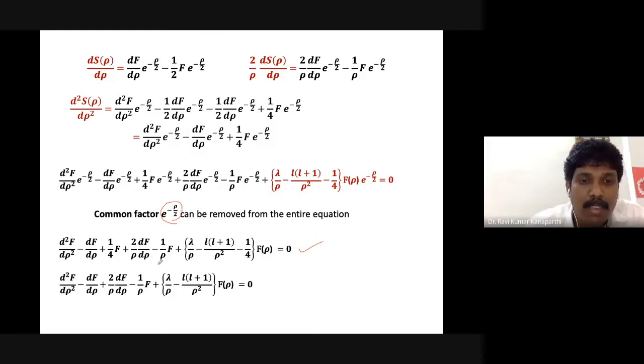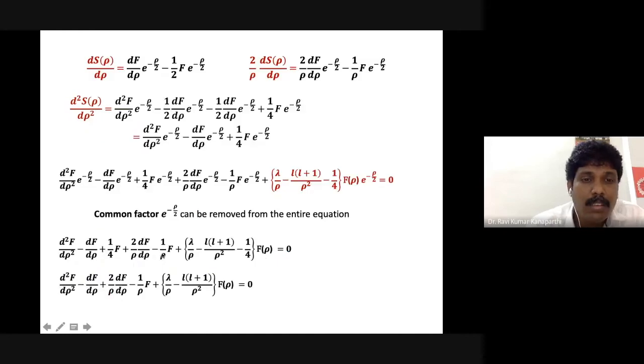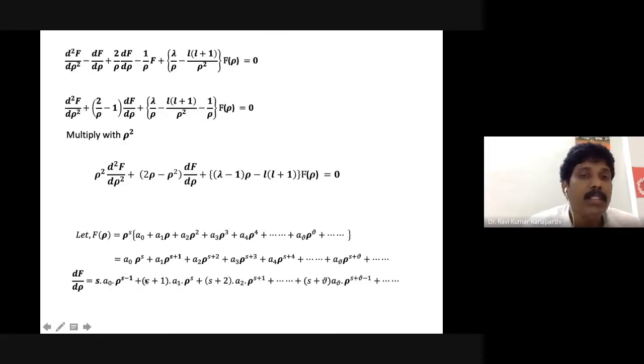For example, you can see 1 by 4 f here, and here minus 1 by rho f. So this type of thing you can combine. Similarly, df upon d rho here, and here it is 2 by rho df upon d rho. So these things you can basically combine. That is what is done here.